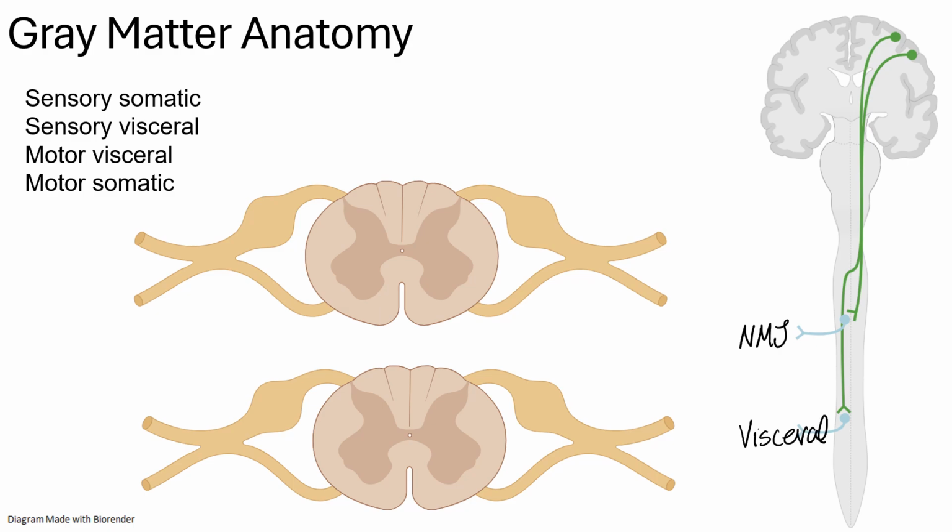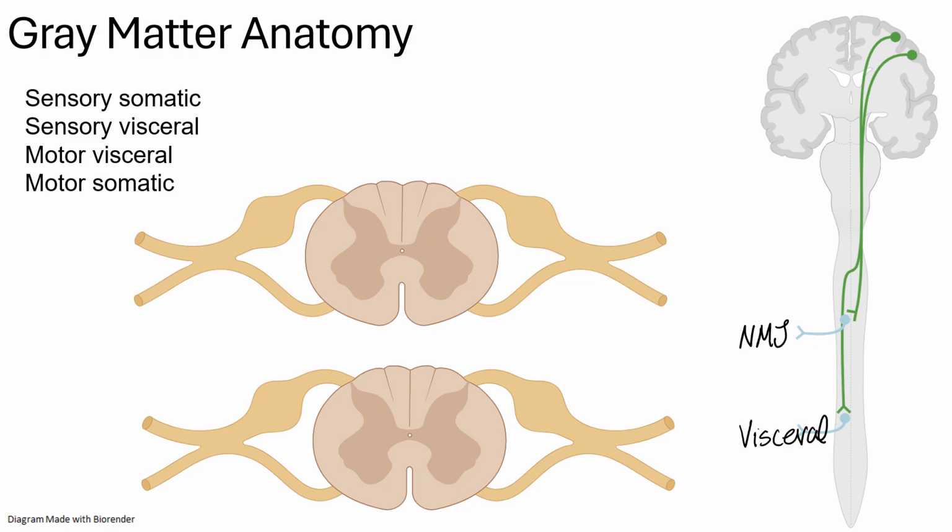Right, so you see that the green neurons all have a cell body that's located in the brain, and then it descends the spinal cord, but then it synapses with another neuron. And where it synapses is in gray matter.